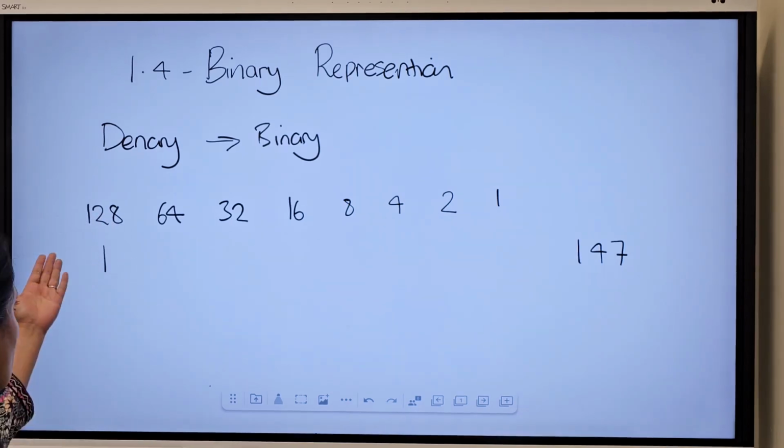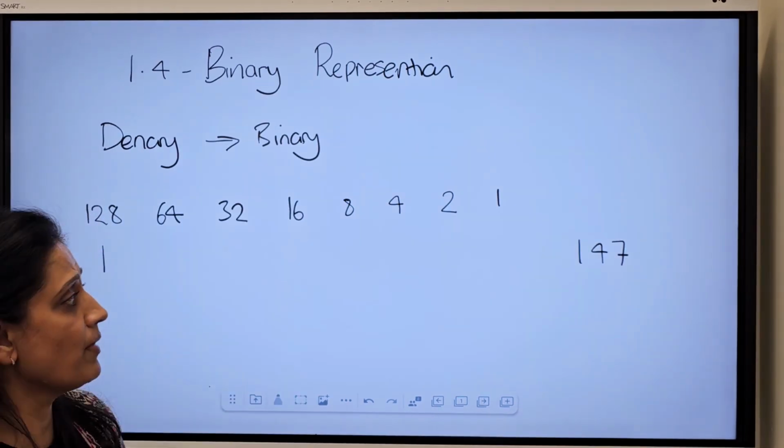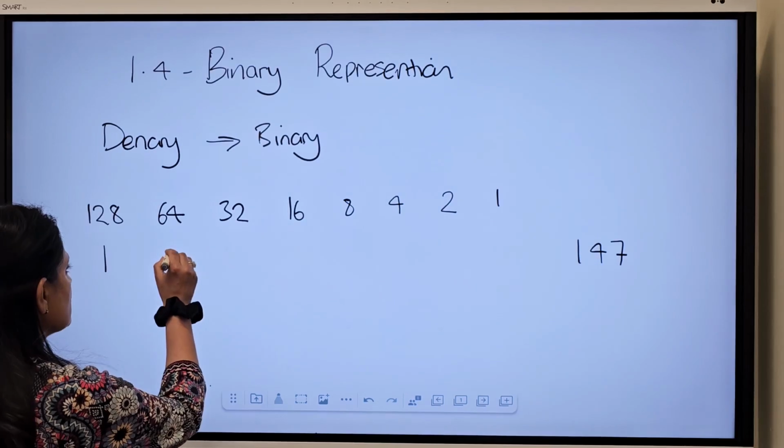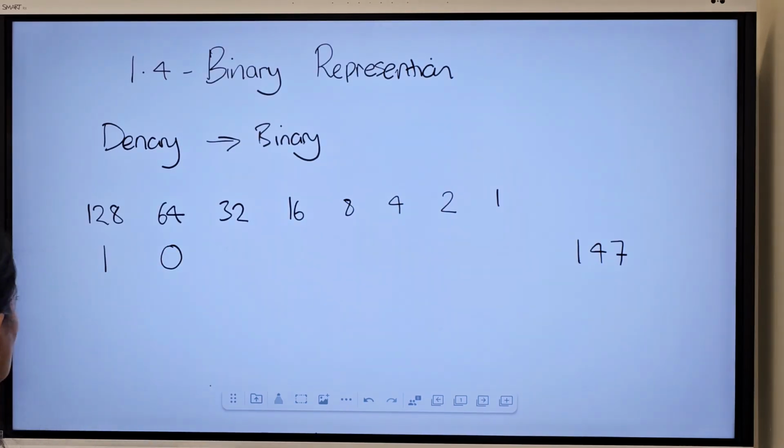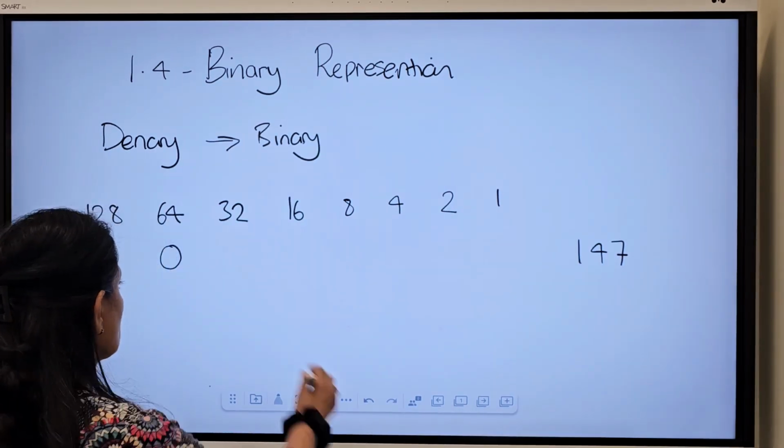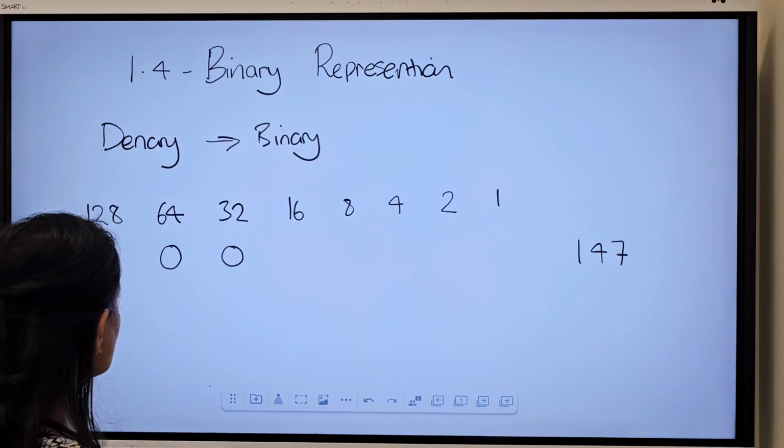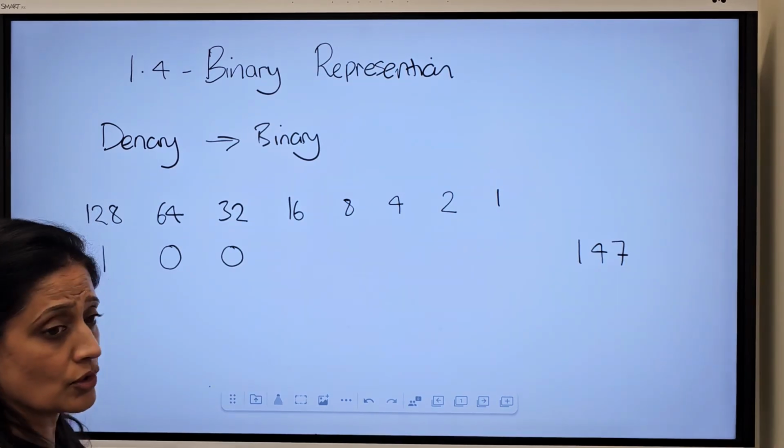Now, if we added 64 to that, that would go above 147, so we put a 0. 128 plus 32, that would take us over 147, so we put a 0 there as well. 128 plus 16 could work.